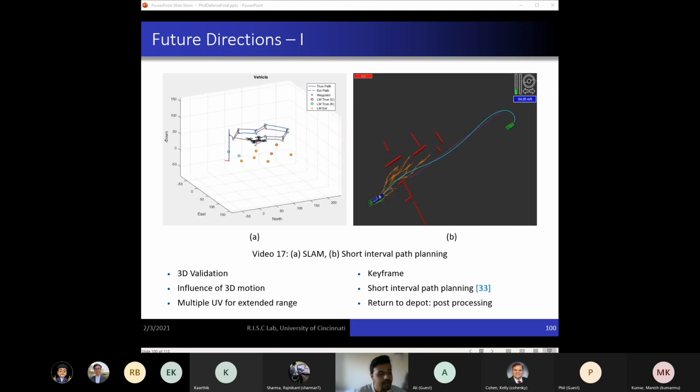Once the vehicle returns to the depot, we can do further post-processing operations if required to form smoother and more accurate maps. This map, augmented with the injected features, can act as known landmarks in a known environment. Therefore, UVs in future missions can utilize this information to simply localize themselves instead of needing to estimate the position of the landmarks as well.